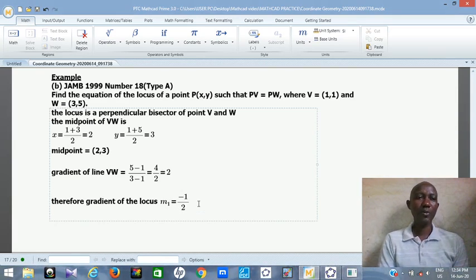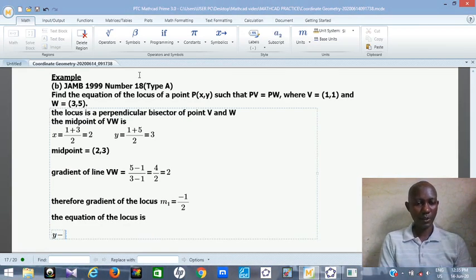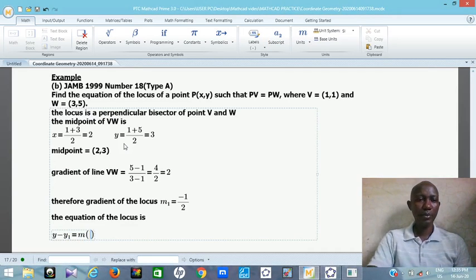So with this now I can get my equation. So the equation of the locus, we use this equation: y minus y1 is equal to m, which is the gradient, open bracket, x minus x1, close bracket. Remember the formula.